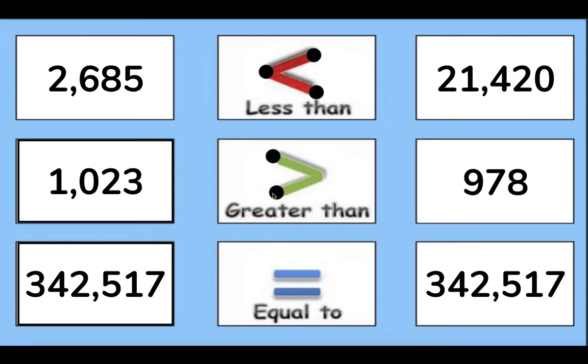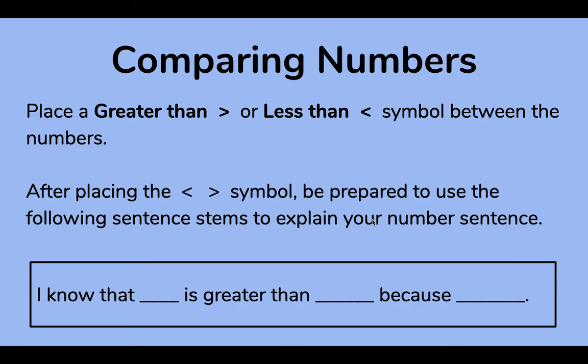We have two dots on the open side or the greater side that faces 1,023. So I know that that's going to be the greater number. And I put one dot on the small side of the symbol, representing the smaller number, 978. So it's just a little strategy that I use so that I don't get the less than and greater than symbols mixed up. So now it's your turn to try.